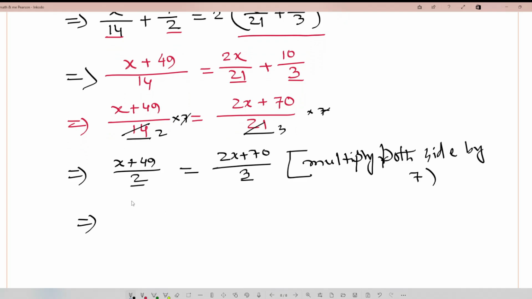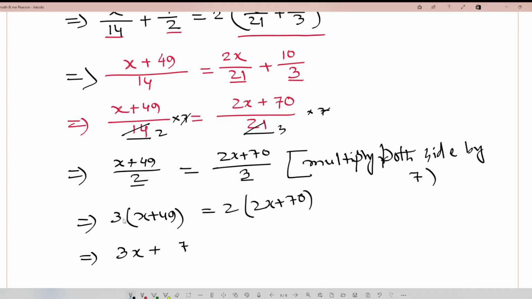Now cross multiplication: 3 times (x plus 49) equals 2 times (2x plus 70). So 3x plus 3 times 49, where 3 times 9 is 27 and 3 times 4 is 12, 12 plus 2 is 14, so 147, equals 4x plus 140.